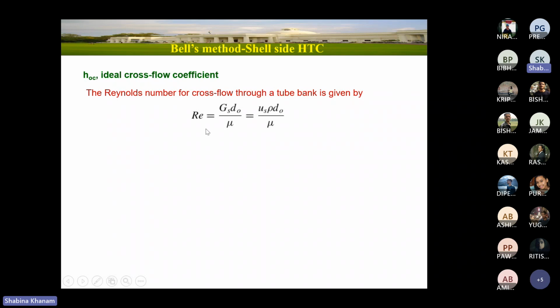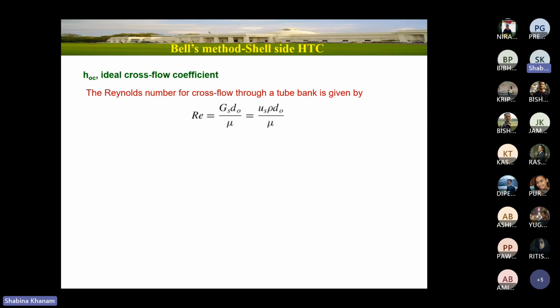The only difference is that when calculating the Reynolds number, here we will count the OD of the tube, like fluid flowing over the tube, that is why this HOC is ideal. I hope you are getting my point.